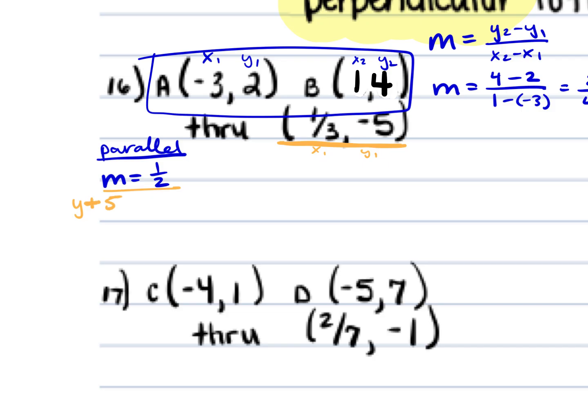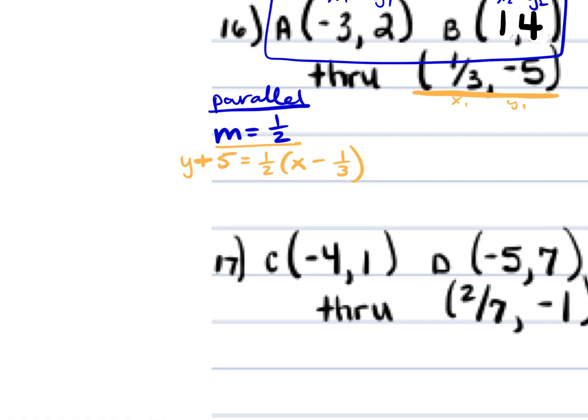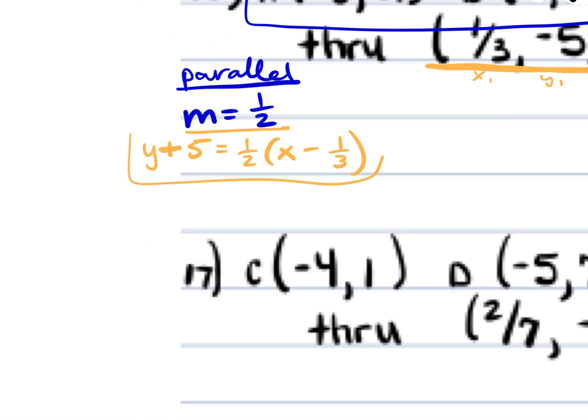Y plus 5 equals 1/2 times x minus 1/3. So this would be a perfectly fine answer in point slope form. But what if the question asks us for slope-intercept form? We want to distribute. So we have y plus 5 is equal to 1/2 x.